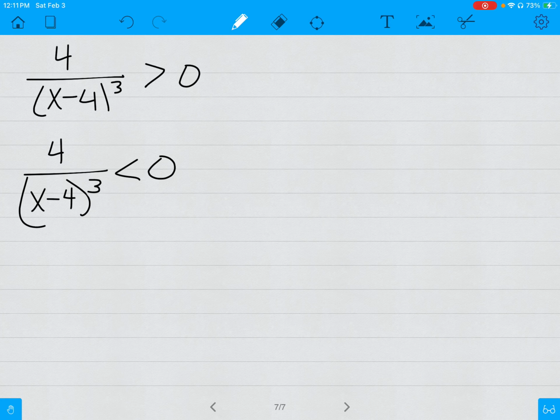Because the function on our left-hand side is a fraction, and because the number that's in the numerator is positive, as long as the number that's in the denominator is also positive, the function's going to be greater than 0. So essentially, x minus 4 quantity cubed has to be greater than 0.